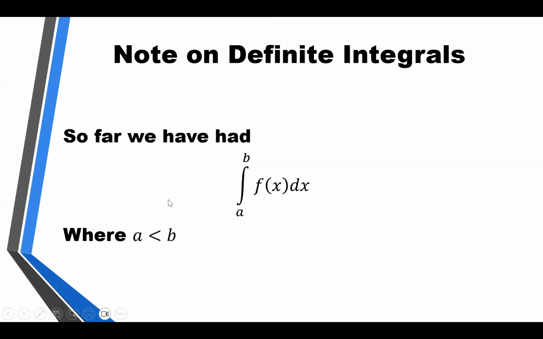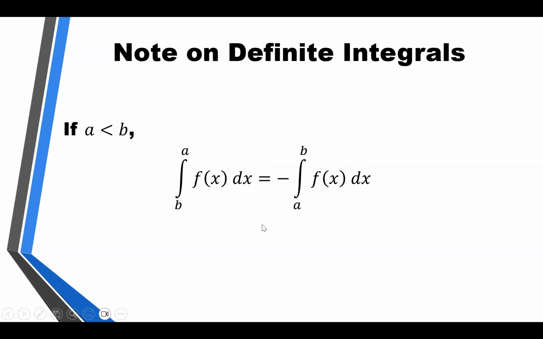If we flip the bounds, so if we put the B on the bottom and the A on the top and B is bigger than A, then basically we just found the negative of the signed area. So everything we counted as positive before, now we count as negative. Everything we counted as negative before, we can now count as positive. We don't do that very often in this class because it doesn't come up in a lot of applications.